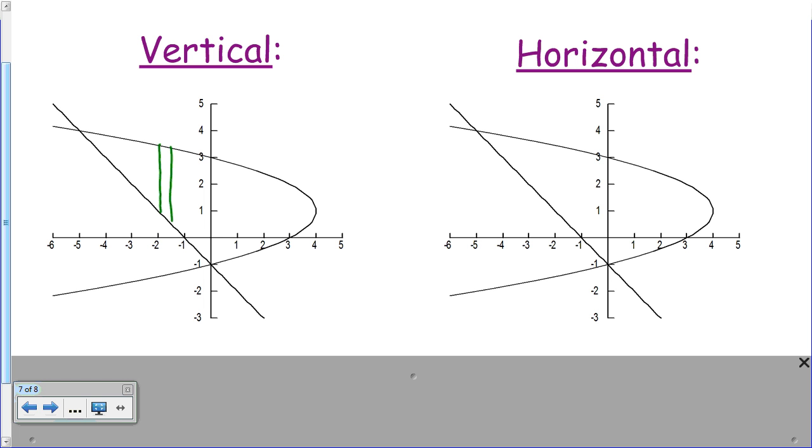The problem is that one strip doesn't represent all of the strips in this region. This represents all the strips, in fact, that are on the left of the y-axis. If I look over here on the right of the y-axis and drew in a strip, I'd end up with a strip that looks like this, where it goes from the curve on the top to the curve on the bottom.